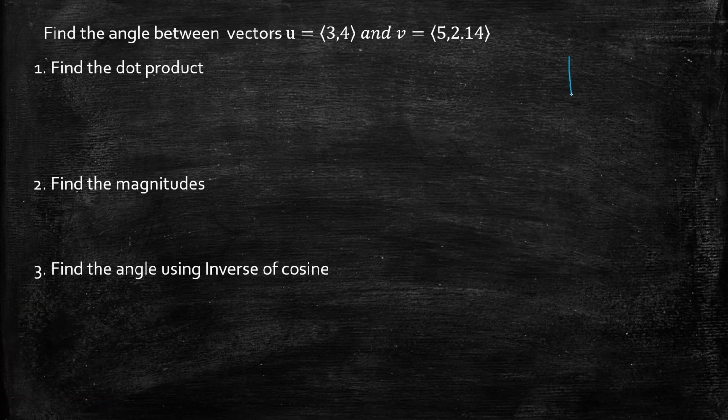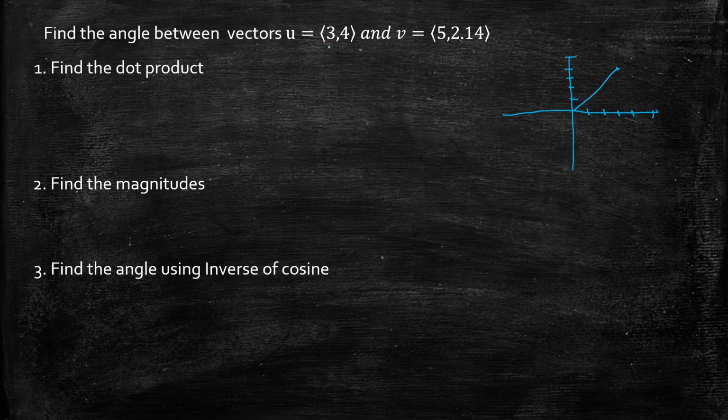So if I draw a quick Cartesian plane here, and I plot the point 3, 4. So let's go out here: 1, 2, 3, 4, 5, and 1, 2, 3, 4, 5. Okay, so 3 and 4: 1, 2, 3, and up 4 is right about here. So this is my first vector right here.